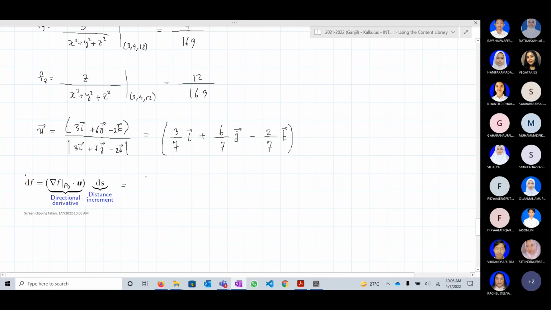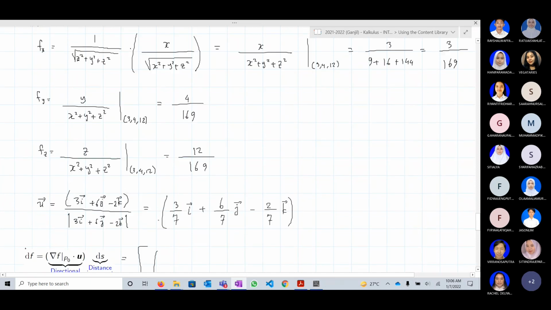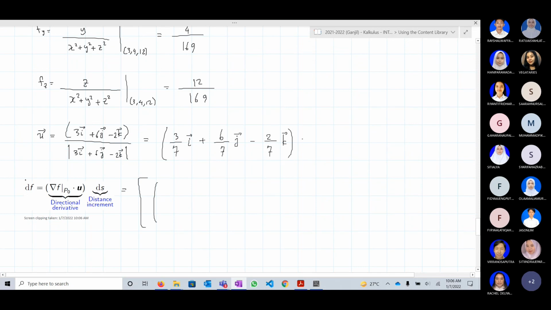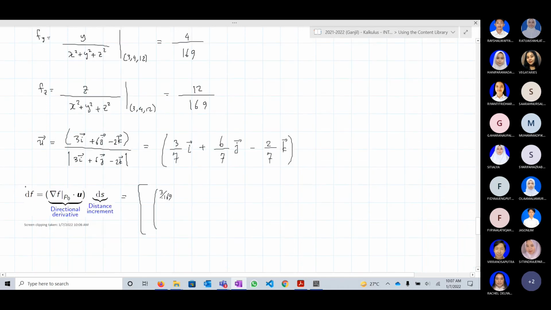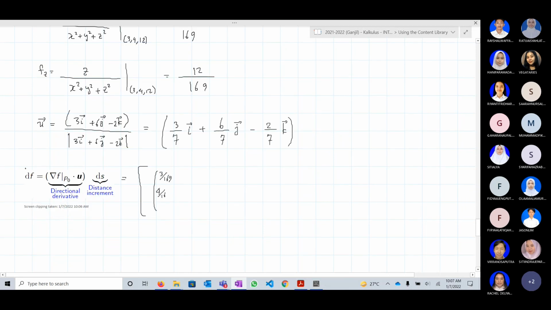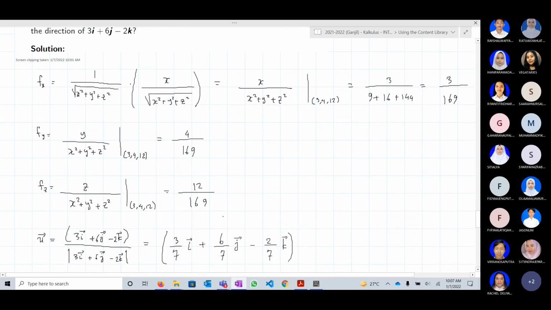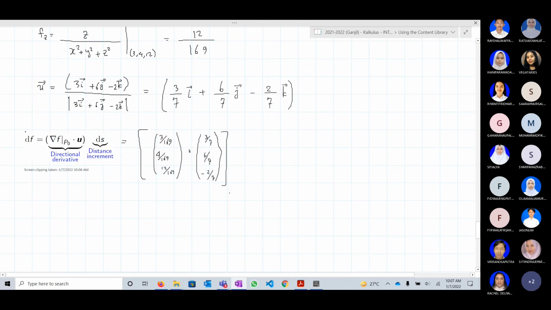So basically, this is the vector we have there, 3 over 169, 4 over 169, and 12 over 169, dot product with 3 over 7, 6 over 7, and minus 2 over 7, times the distance increment, which is 0.1 unit.